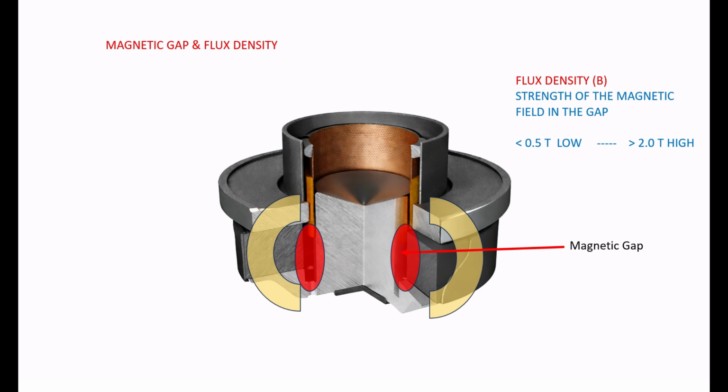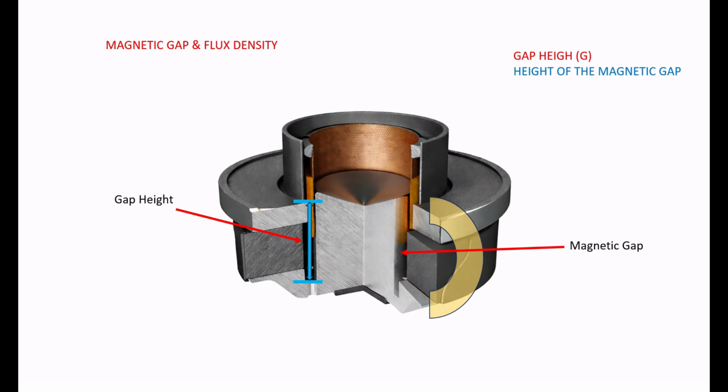Generally, the higher the flux density, the more push-pull force a driver motor will have, but once again, it's not the entire story. The second part that influences this is the size of the gap, or what we call the gap height. Clearly, the bigger the height, the more magnetic interaction can occur between the voice coil and the magnet, right?